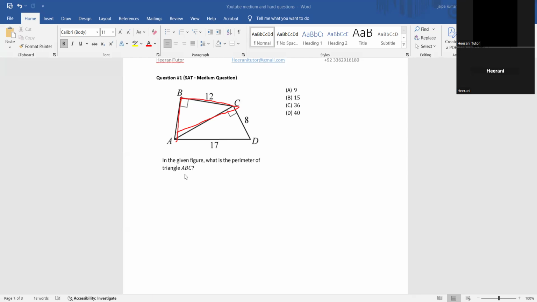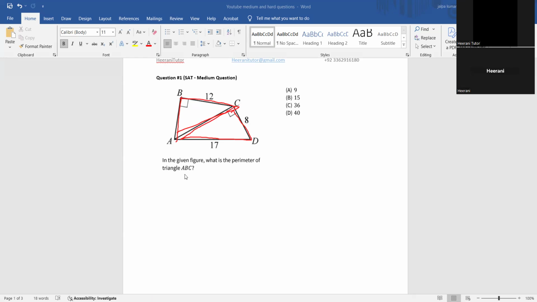So we already know BC. The thing that we need to find out is AB and AC. So we can easily find out AC from our second triangle, this one, because it gives us 2 side lengths and we can easily find the side length AC.